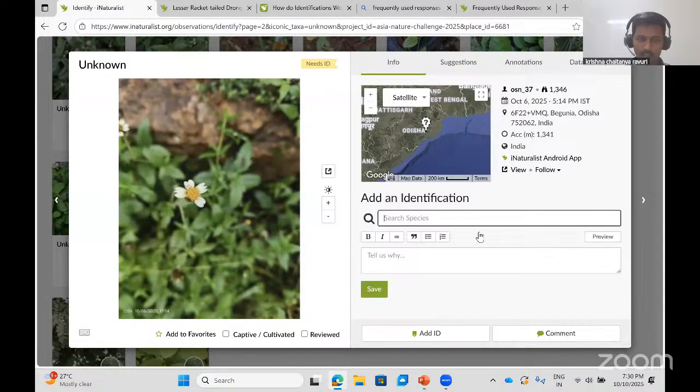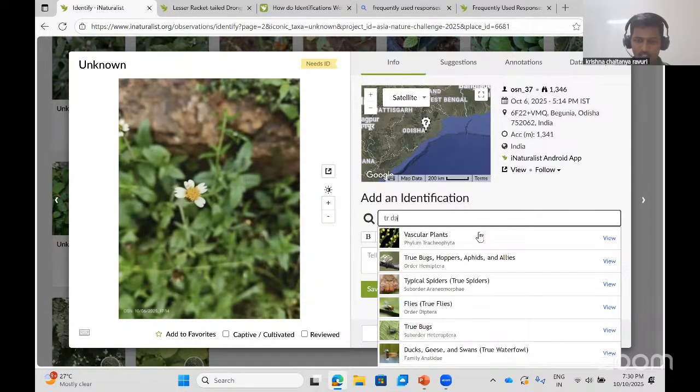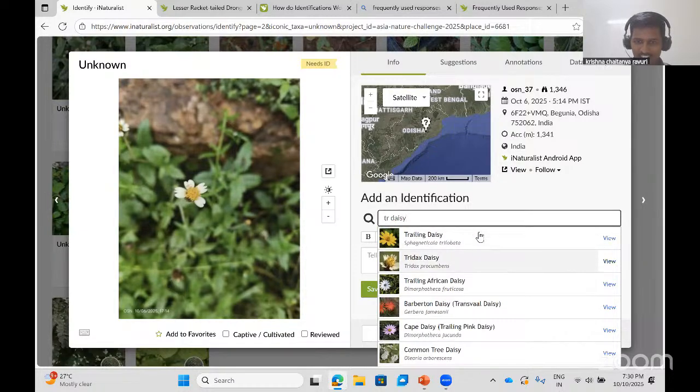For example, the common name for this is Tridax daisy, but I need not type the entire name. I can type part of it, okay, trailing daisy and Tridax daisy are matching. So I can just type part of each word, either the scientific name or the common name.